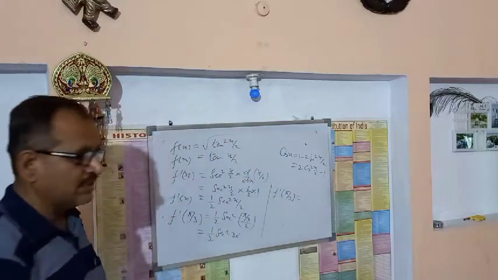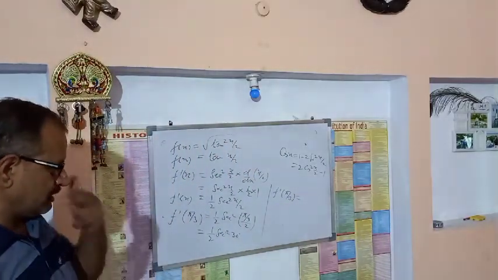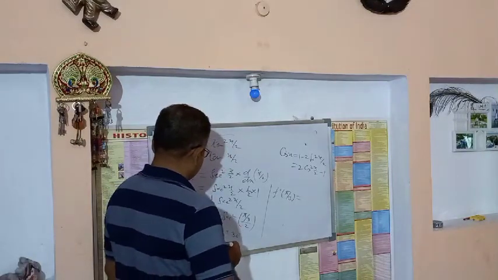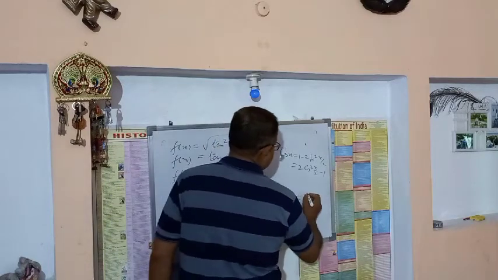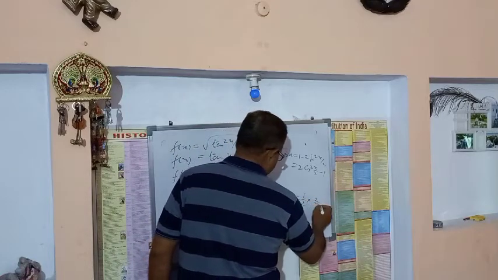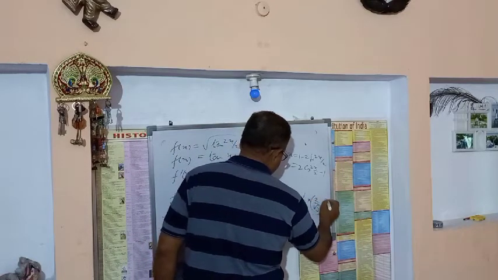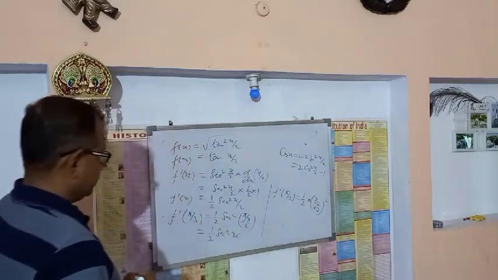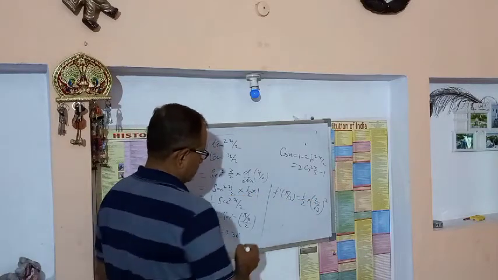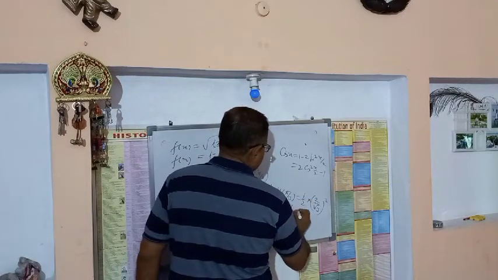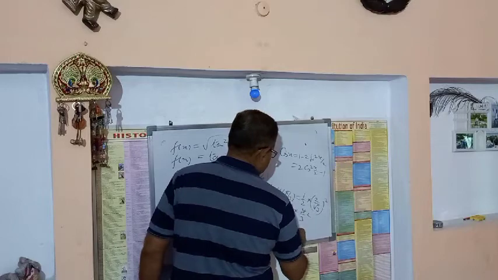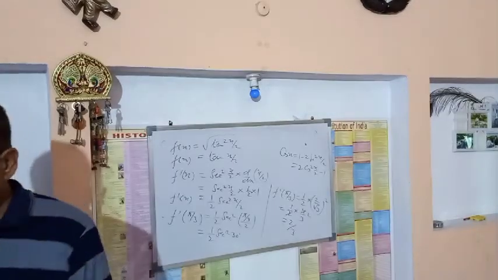What is the value of sec 30? It is 2 by root 3. So 1 by 2 into 2 by root 3 square. 2 square is 4, root 3 square is 3, 1 by 2 into 4 by 3. So what is its value? 2 upon 3.